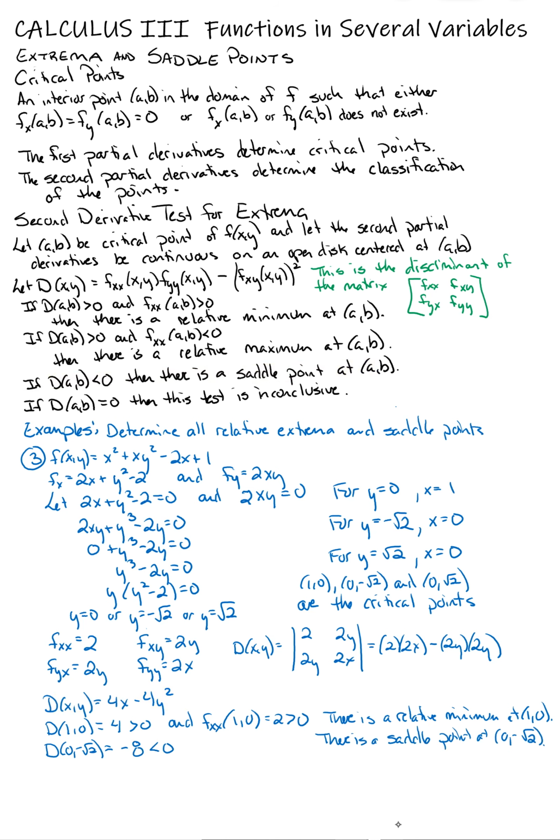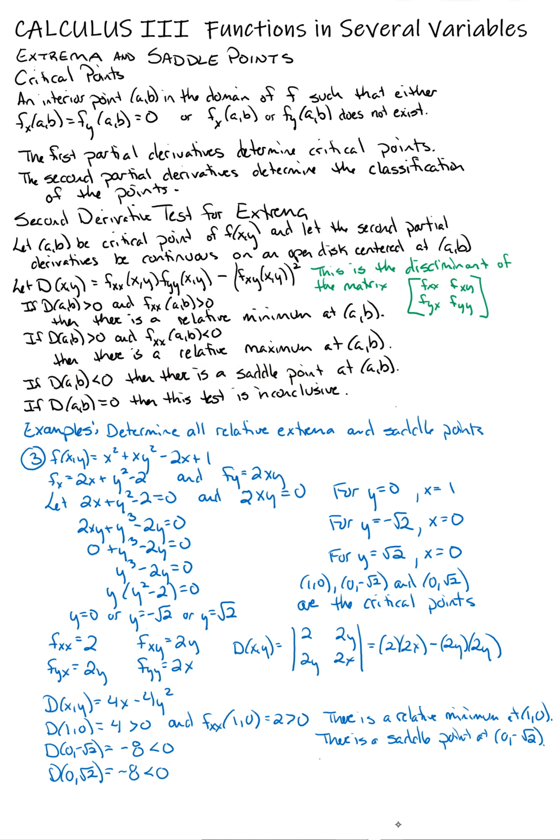And finally, our last point, (0, positive square root of 2). Again, evaluate x with 0 and y with the square root of 2. Again, watch that little negative. Make sure you don't lose that there in the middle. We end up with again a negative 8, which is less than 0.